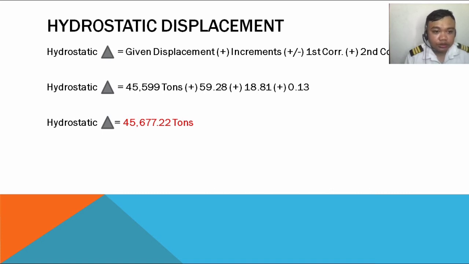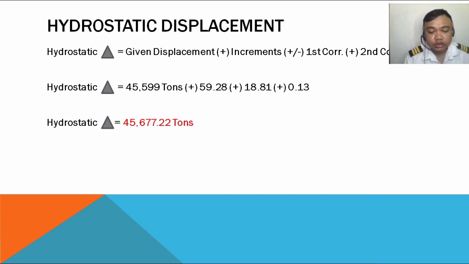So we have here the hydrostatic displacement. We have already the given displacement, which is 45,599 tons. Then the increments, which is 59.28. If the LCF is negative, then it should be subtracted from the given displacement.